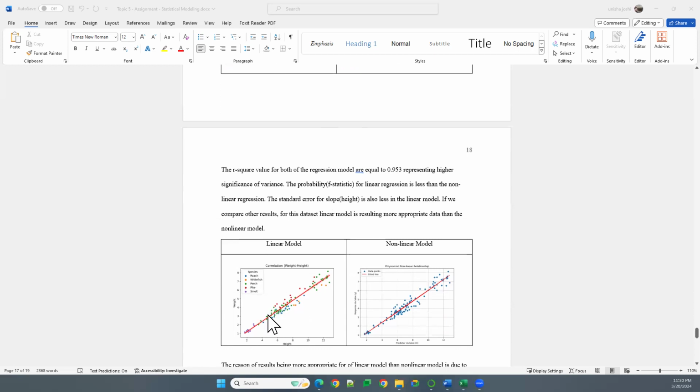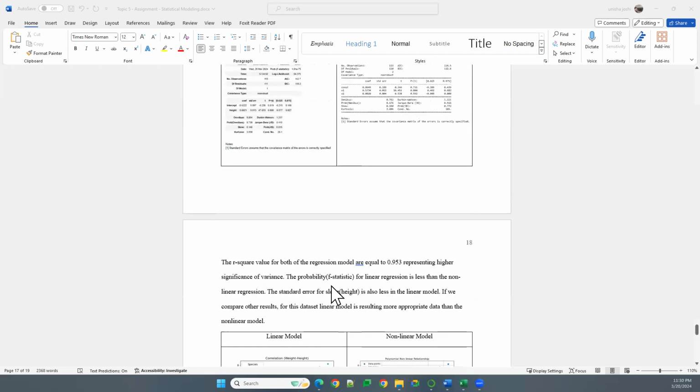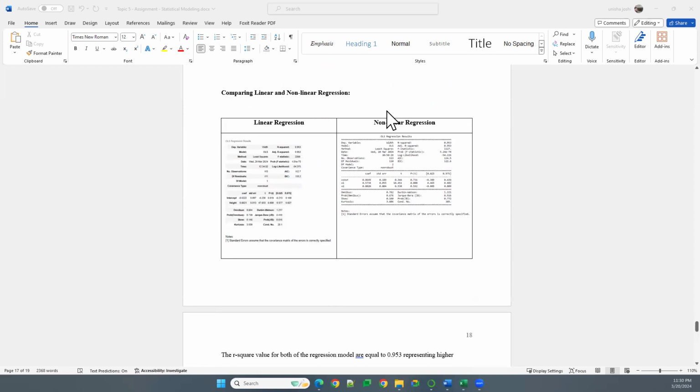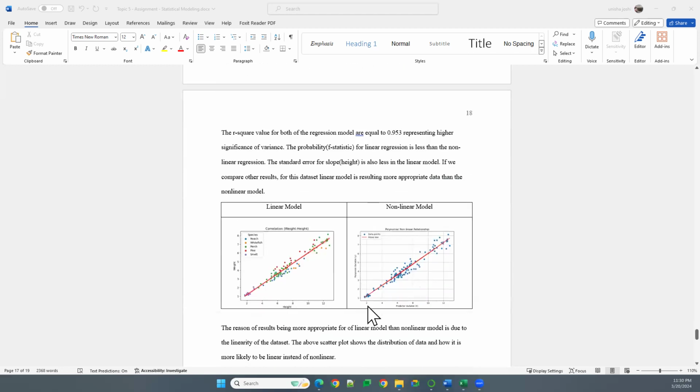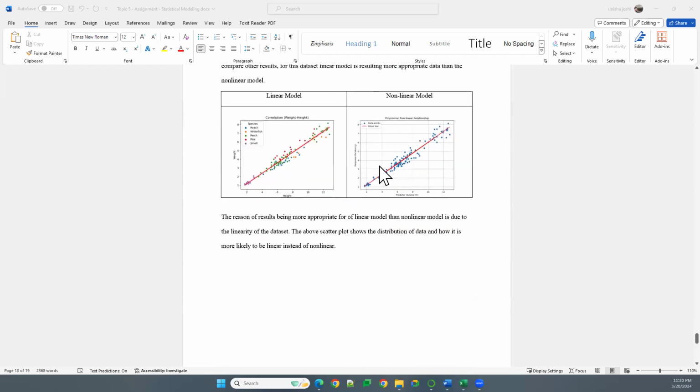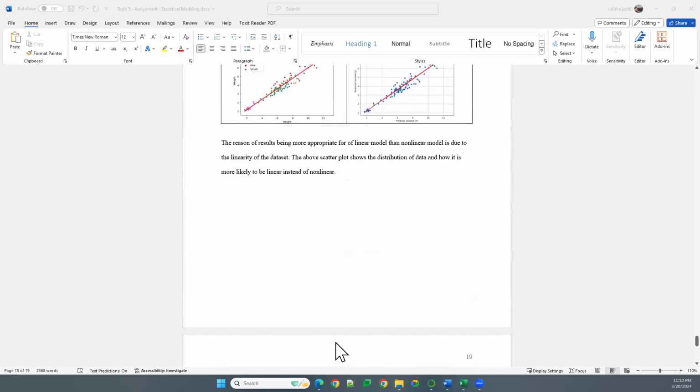Probably if I would have used some other data set with a more nonlinear character, then the values would have come out better on the nonlinear regression side. And I have explained those things over here as well.